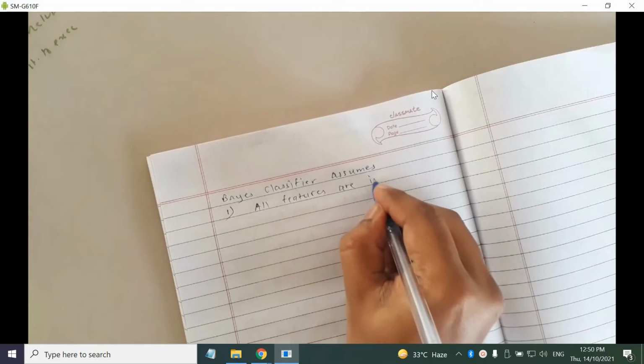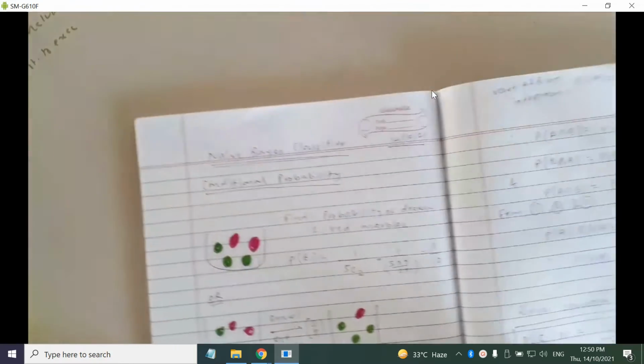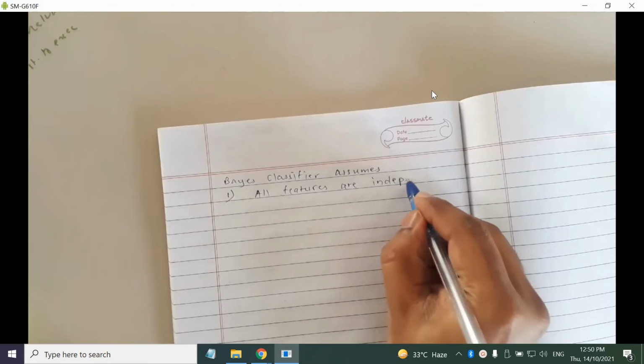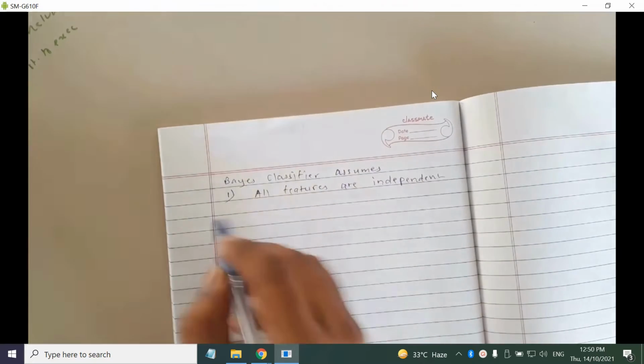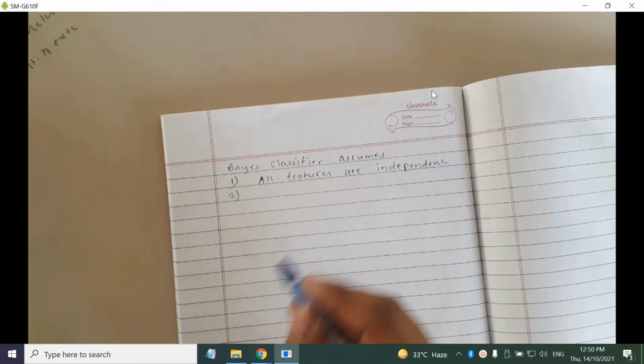This is a very important assumption, without which we cannot use this equation. So all features are independent. The second assumption is all the features contribute equally in the classification. So there is no superiority in the features.